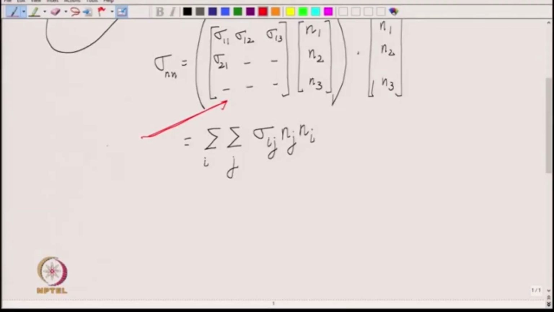So, stress matrix is known whereas the normal direction is the unknown.